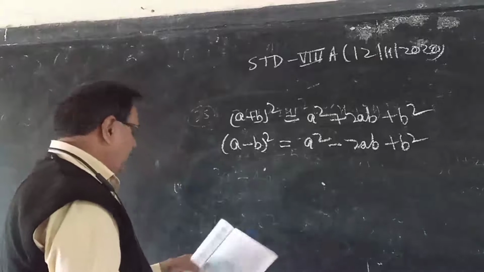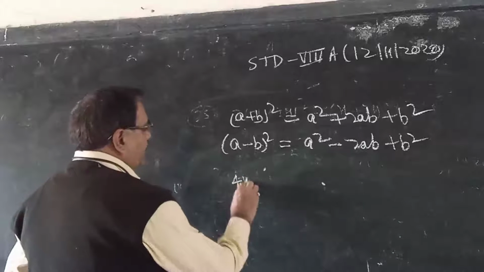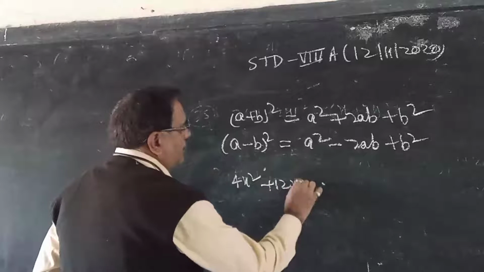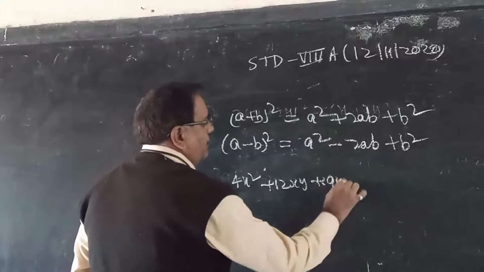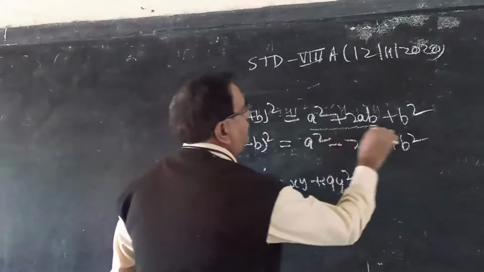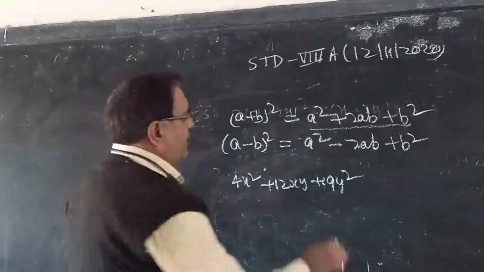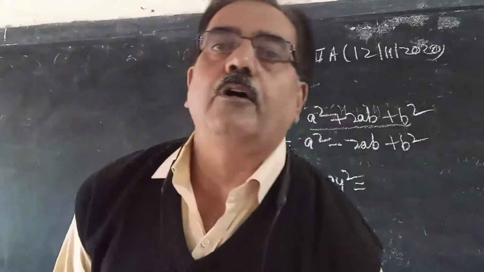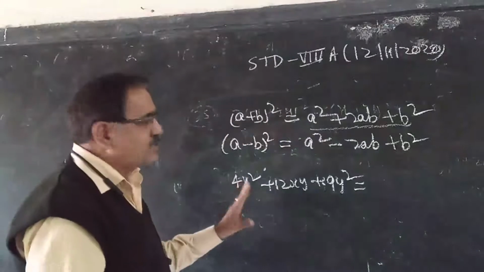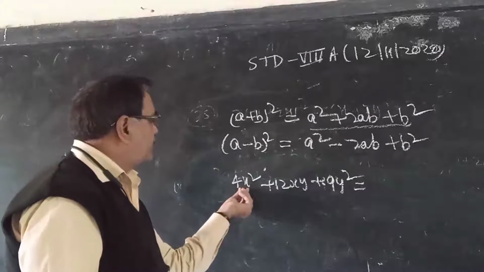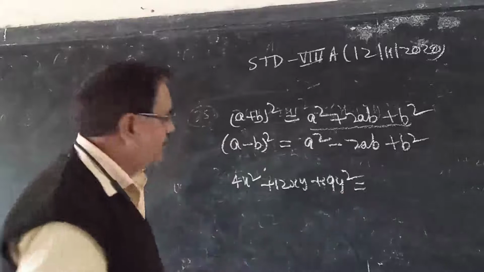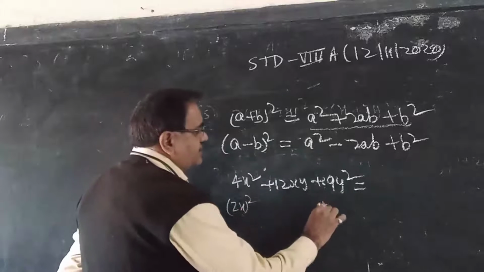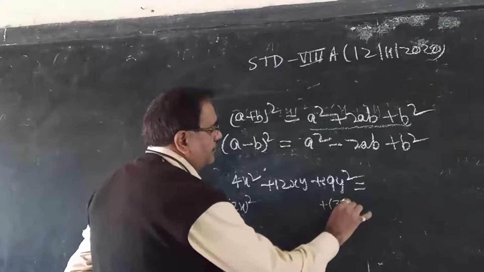Reverse one. So one question: 4x squared plus 12xy plus 9y squared. This is given in this form. We have to write the answer in squared form. For this, see the first and last terms. This is a square of 2x and this is a square of 3y.